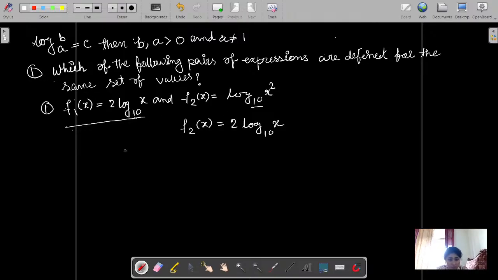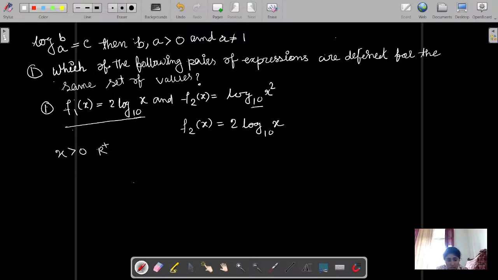But what about the domain where it is defined? It is defined for x greater than 0. For x to be greater than 0, it has to belong to R positive, means positive real numbers.